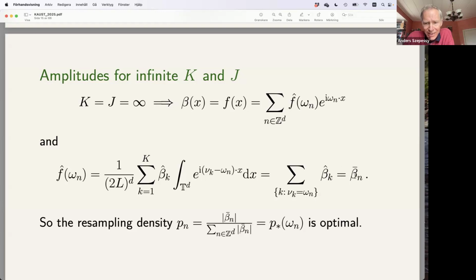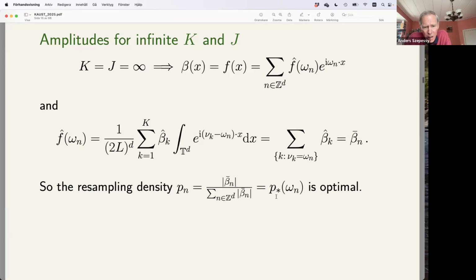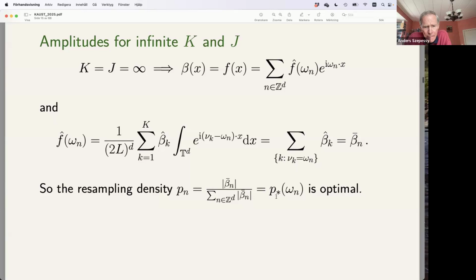So here we see that we obtain the right Fourier coefficients in the neural network in the limit, so that it is consistent. And we in some way see that at least in the limit it is optimal.